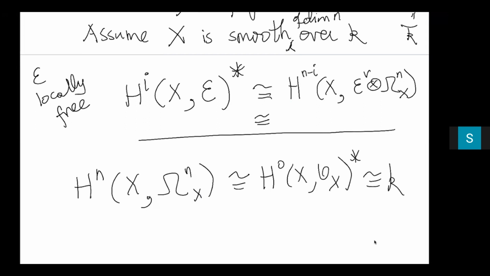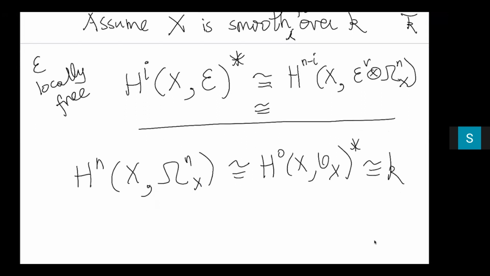But it turns out that the right version for this is to realize that this is nothing but Ext, sorry, not the sheaf Ext, but the group Ext, of E with Ω^(n-i) over O_X. Then I'll bring this E dual from here to here, so E, then Ω^n_X.